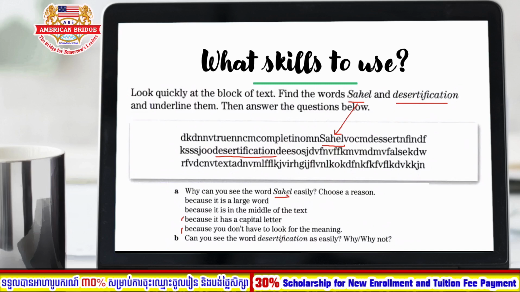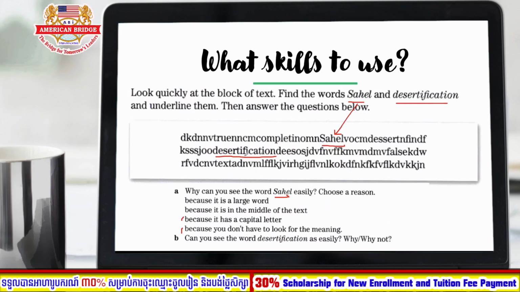And the last one, can you see the word desertification as easily? Why and why not? Based on my opinion, I think this second word, desertification, can be a little bit difficult to find in the passage, because first of all, it is a long word. It has more than 10 letters, so it is a little bit hard to find.